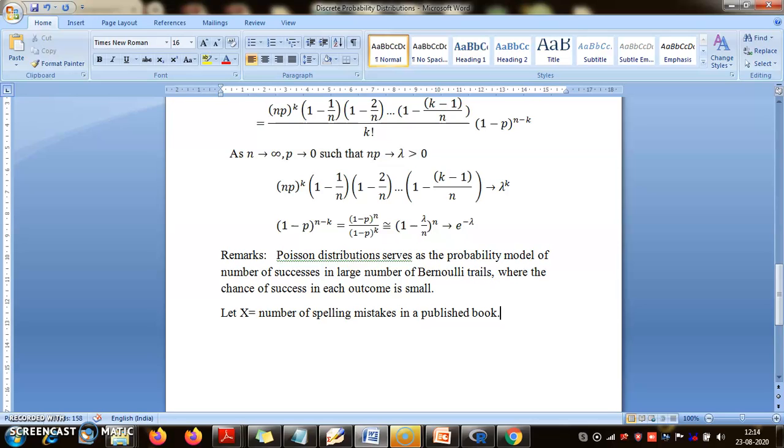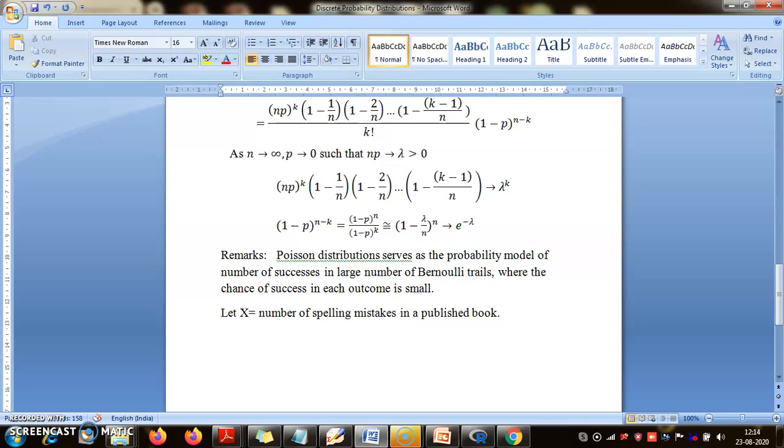I have said published book, which means it has gone through the rigorous peer reviewing and publishing process, so it is very less likely to contain spelling mistakes. There may be one or two, but the chance that a particular word is spelled wrong in a published book is very small.